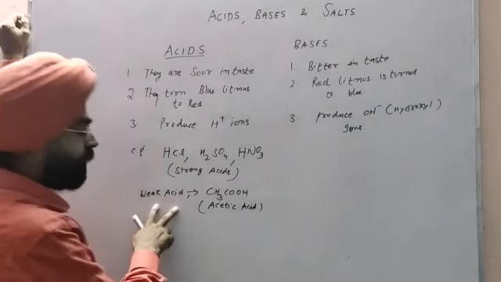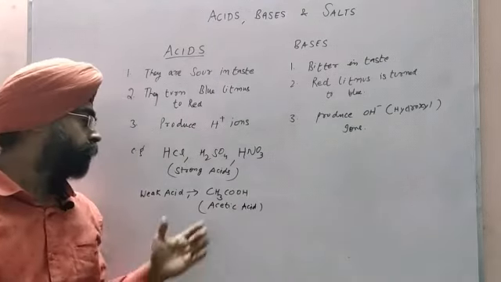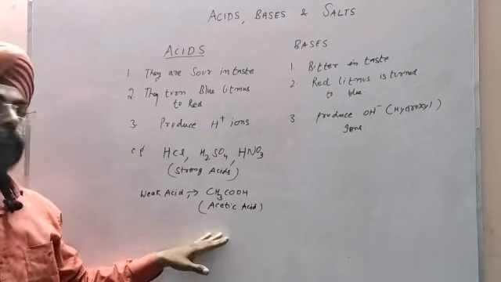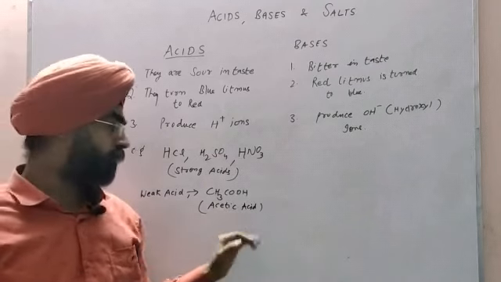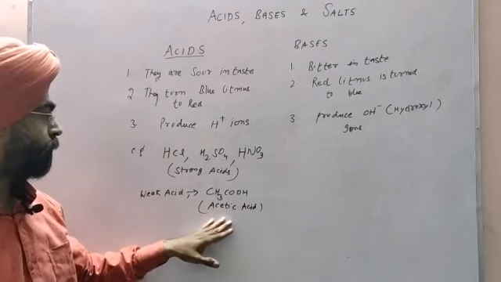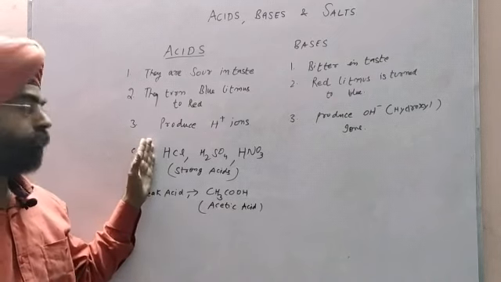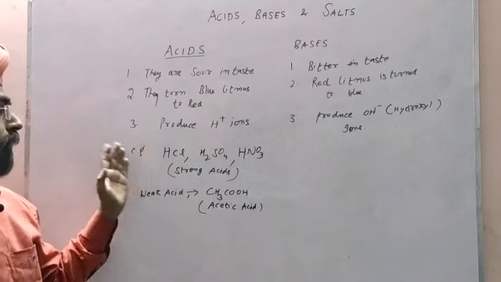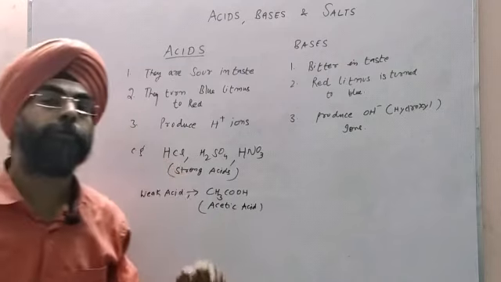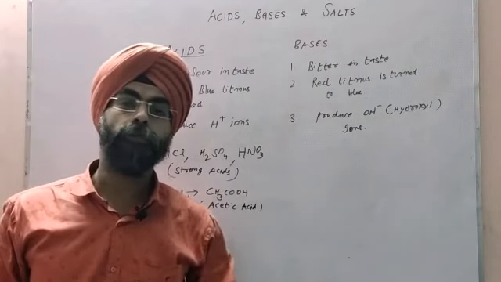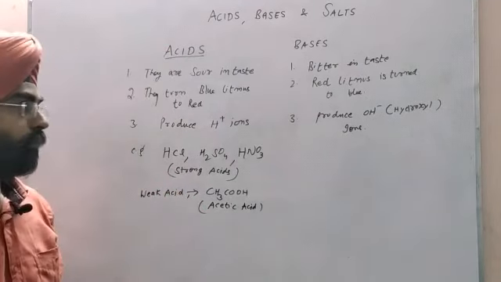It is a type of weak acid which is edible, means we can take it in our food also. It is not so harmful, but these are very harmful because these are strong acids. HCl, hydrochloric acid, sulfuric acid and nitric acid are concentrated forms. They are very harmful to our body.